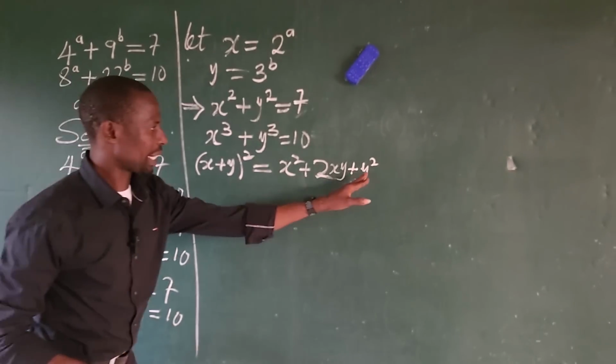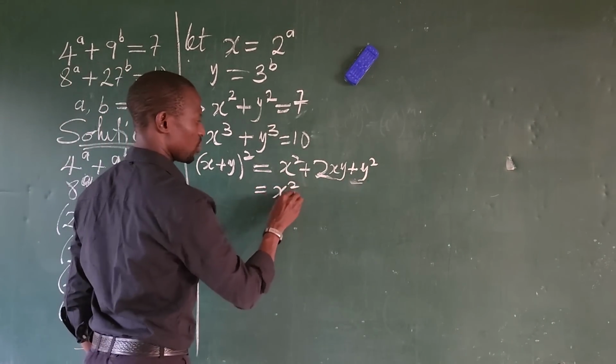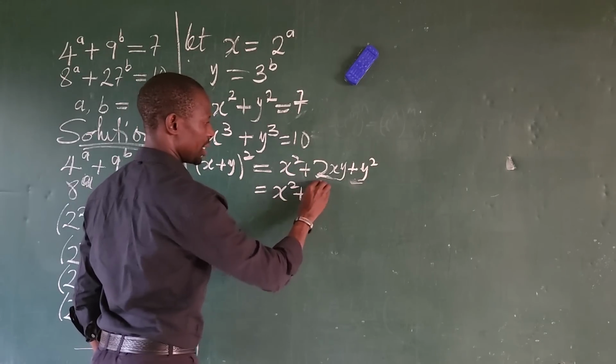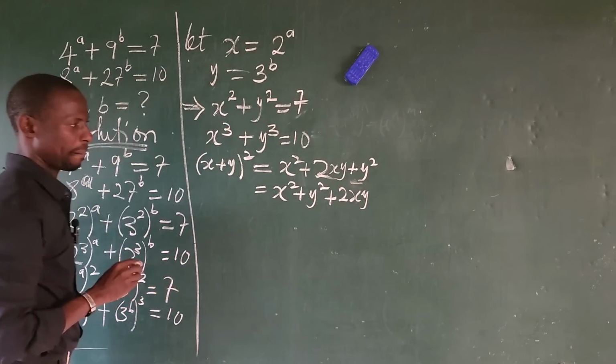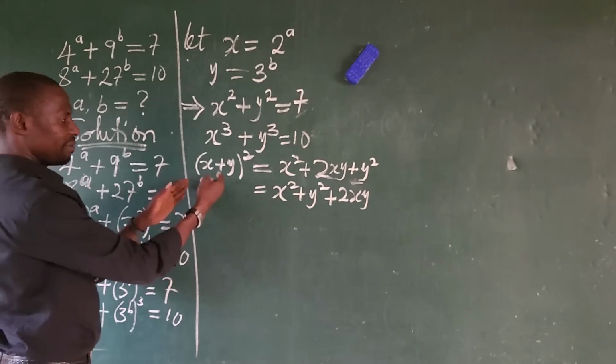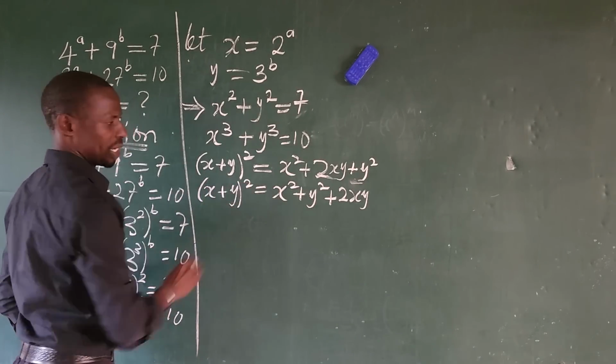Easy. So I can bring this and this together. So this will now give us x squared plus y squared plus 2xy. Mind you, we have this down here, which is (x + y) all squared.